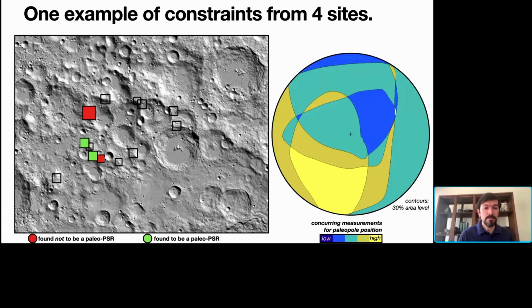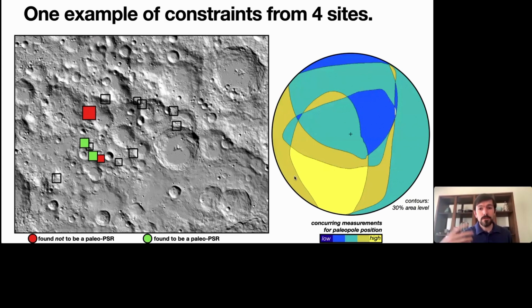So that's red here. And we find, for example, at those 2 other sites that we go, that those actually were still cold traps a long time ago. And then this one, Haworth, also not a PSR. So that would give us this presumed, most likely Paleopole position, which would be a little bit on the far side in that region in yellow.